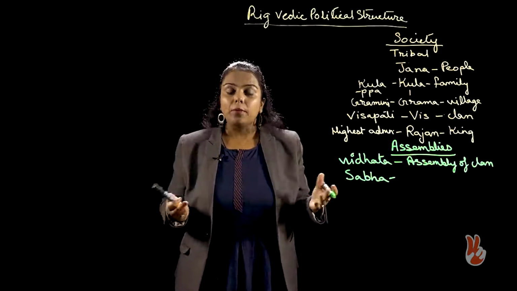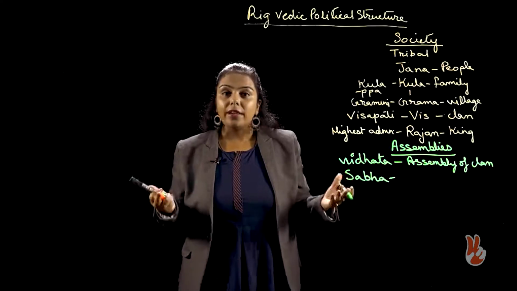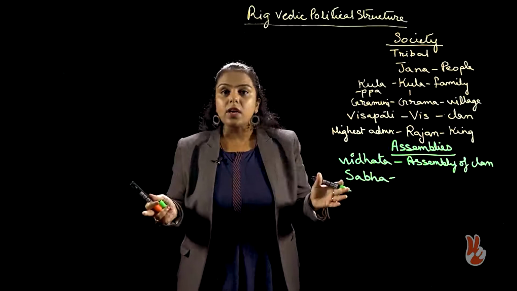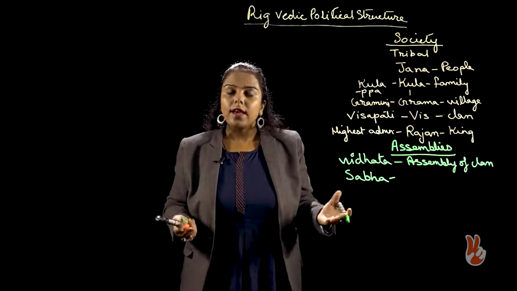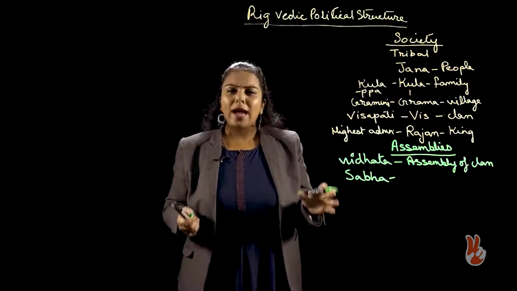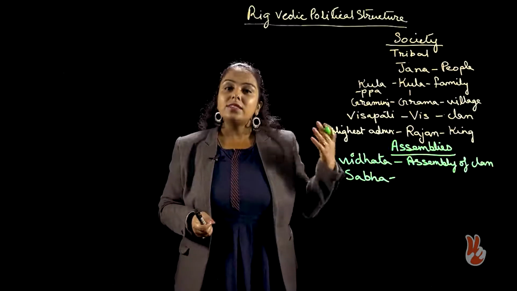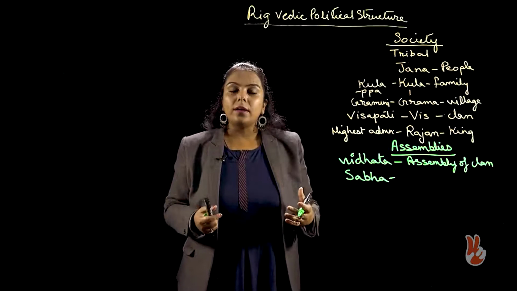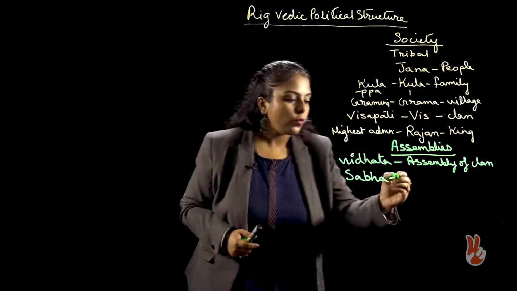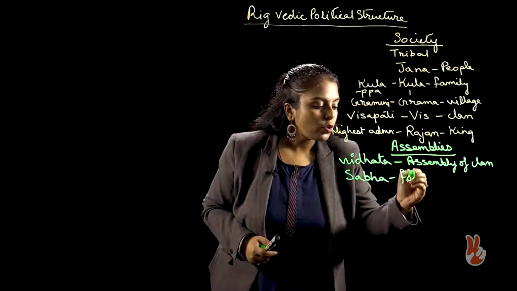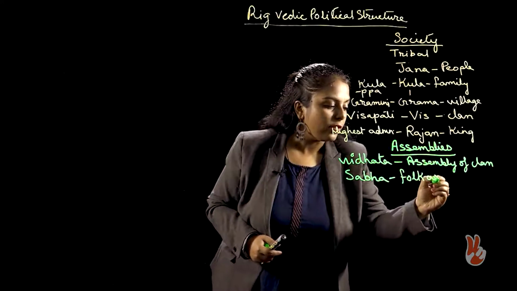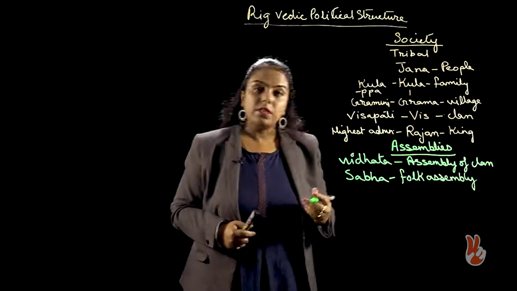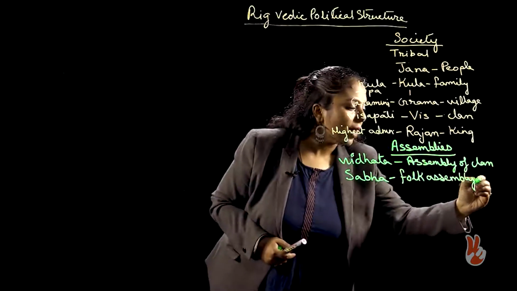Most of the time, we find Indra sitting on his chair and entertaining himself while dancers dance or sing. Of course, this Sabha also had a similar kind of function. In Sabha, the clan would come together and it was a folk assembly used for cultural activity. Clans would sit together and entertain themselves in Sabha.